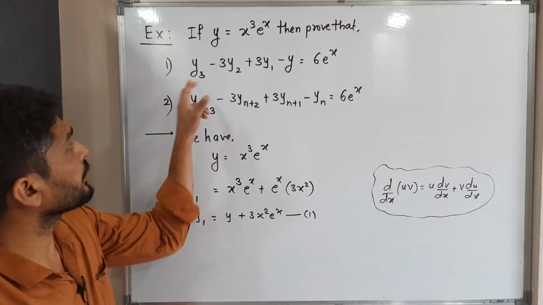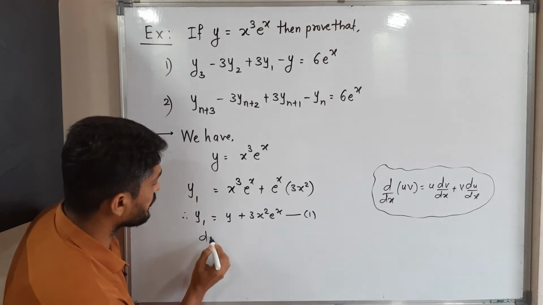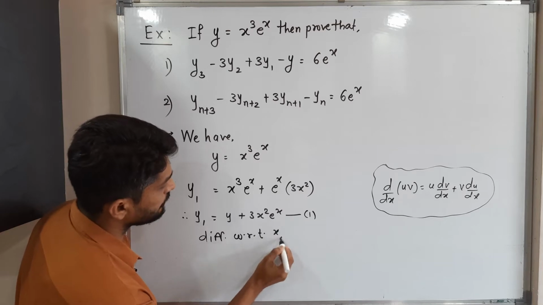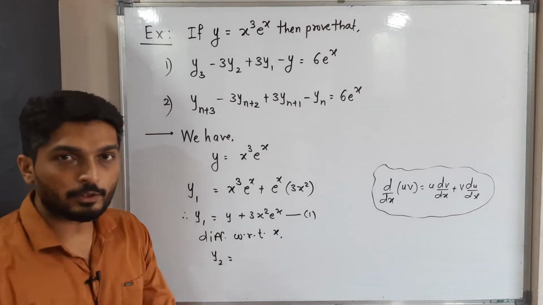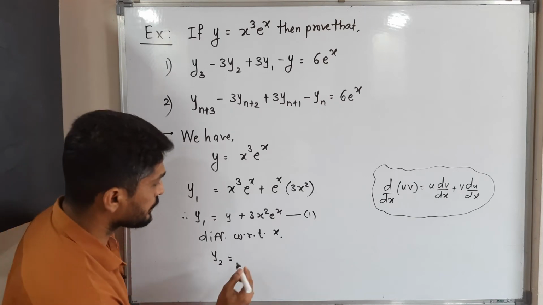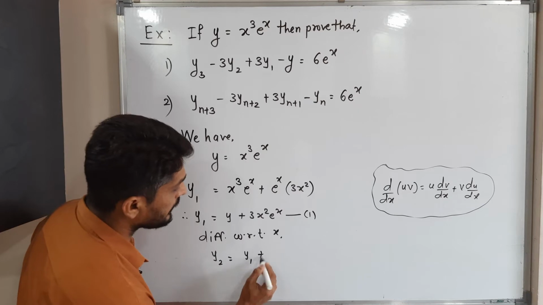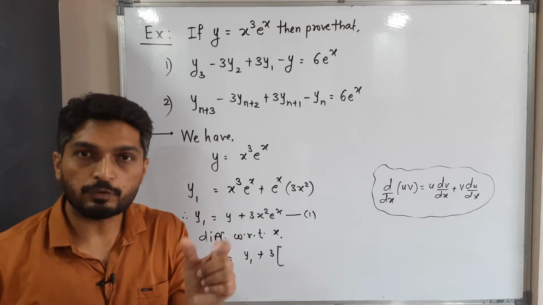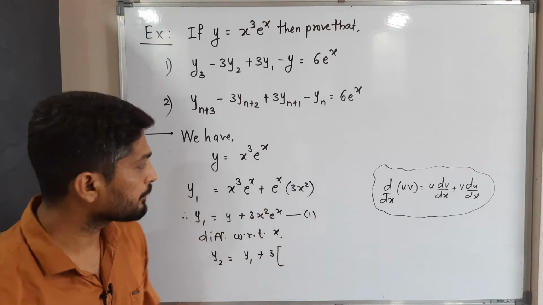We have to go up to the third derivative. Let us take one more derivative. Differentiating with respect to x, the derivative of y1 is y2. Addition is there, so you can take separate derivatives. The derivative of y is y1, right? Plus 3 is a constant, keep it outside. There is a product of two functions, so again I have to use this u into v formula to find the derivative.